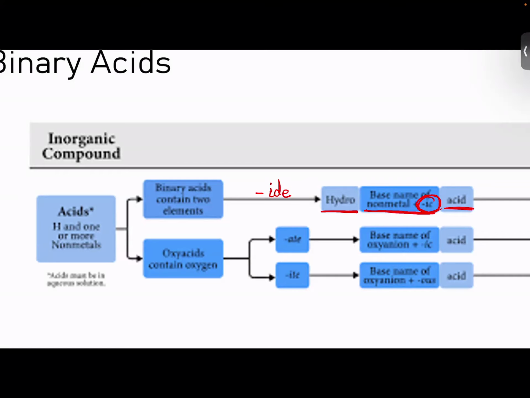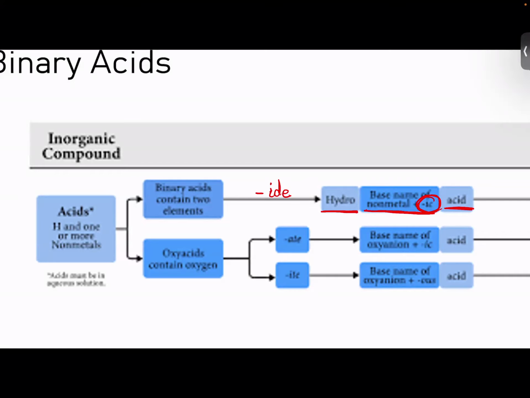For the oxyacids, which are acids of polyatomic ions, you have to know what the polyatomic ion ends in.